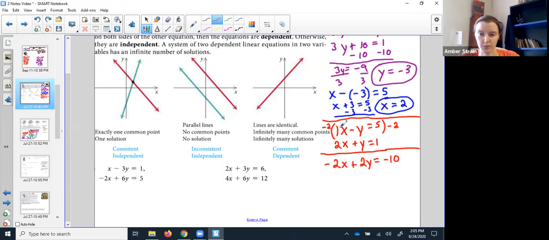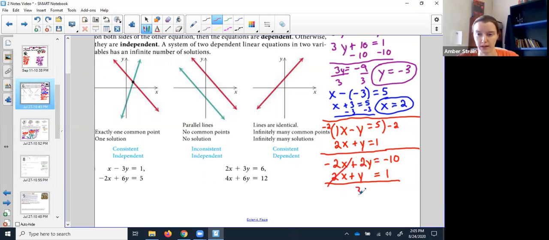So notice that I've distributed this -2 to each one of these three members. I'm going to copy down the bottom equation exactly the same as it was. And now I'm going to eliminate those x's by adding the equations as a whole, just like combining like terms. So -2x and +2x cancel, just like I wanted them to.